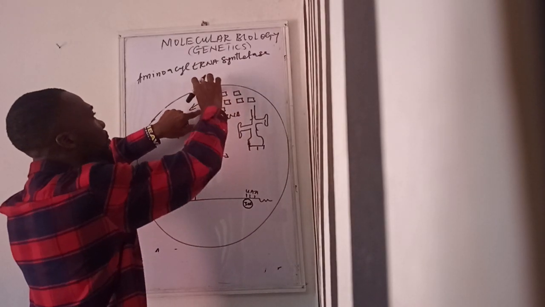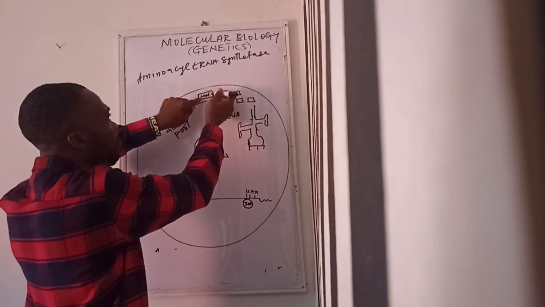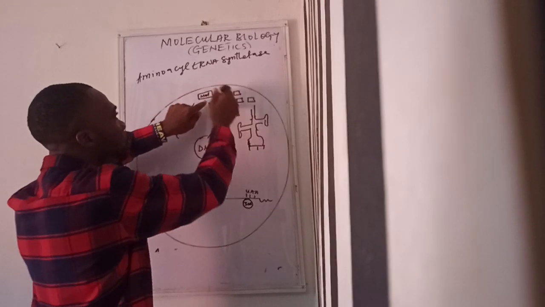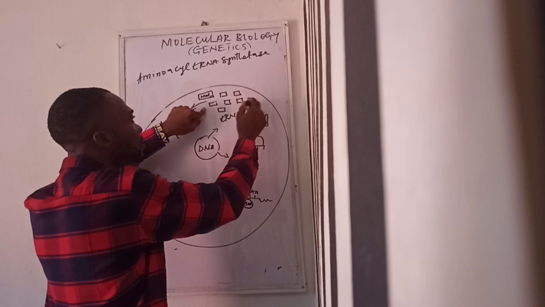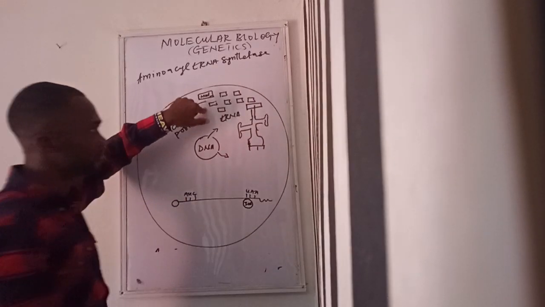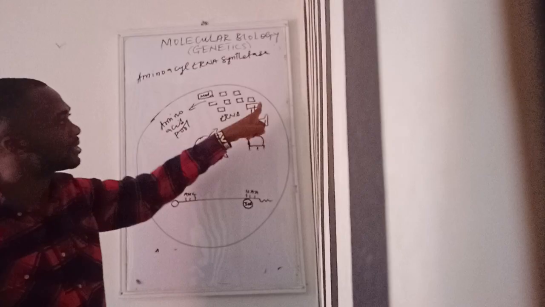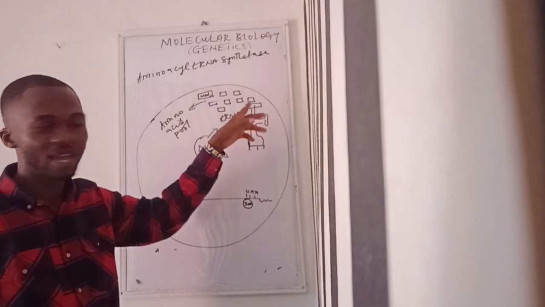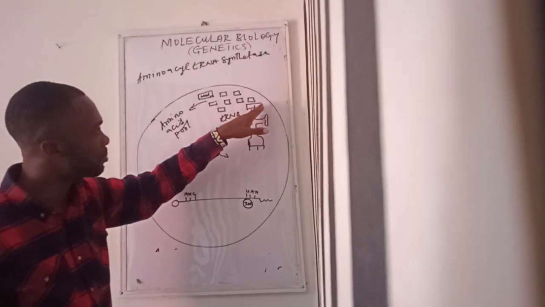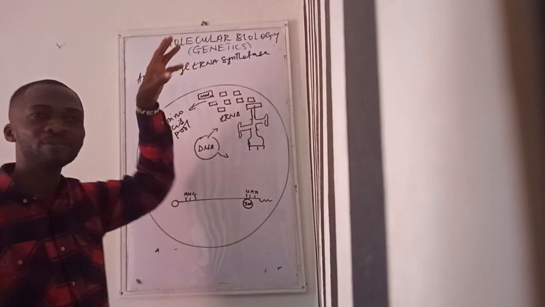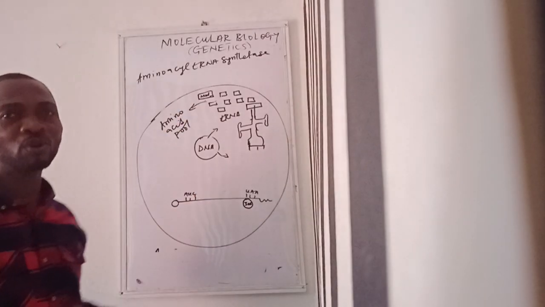This enzyme will help to position this amino acid on the open end, the three prime end of the transfer RNA. And once this happens, it forms what we call the initiation complex.